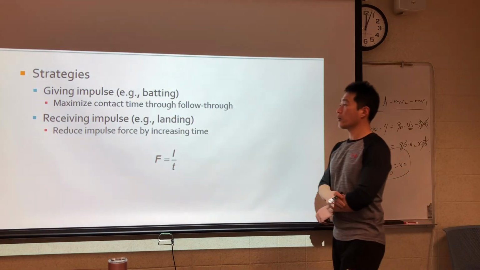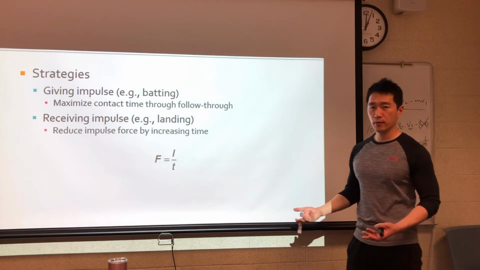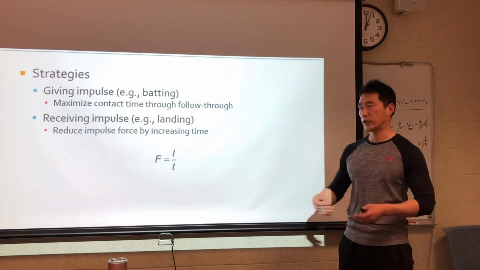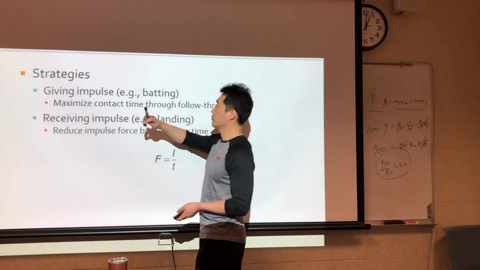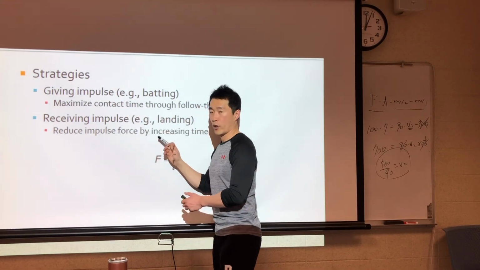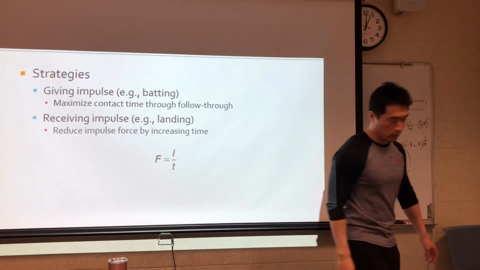And then there are again strategies. Sometimes we have to maximize impulse, sometimes we have to minimize impulse, depending on the situation. For example, giving impulse means maximize impulse. For example, baseball batting.